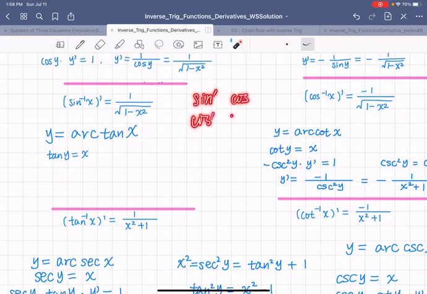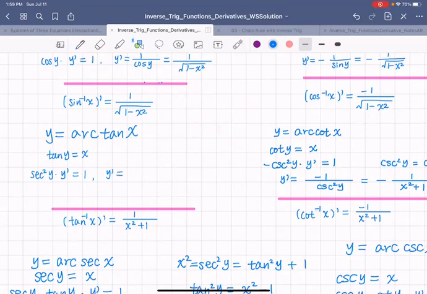The cosine derivative is negative sine. The tangent derivative is secant squared, right? So this derivative is secant squared y times y prime equals 1. So y prime equals 1 divided by secant squared y.